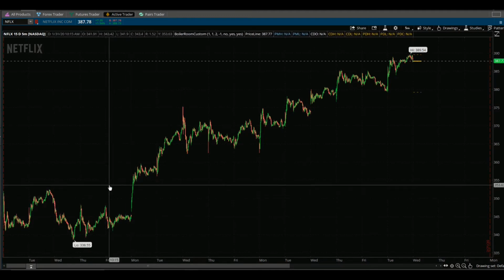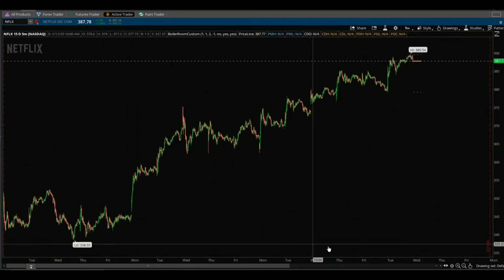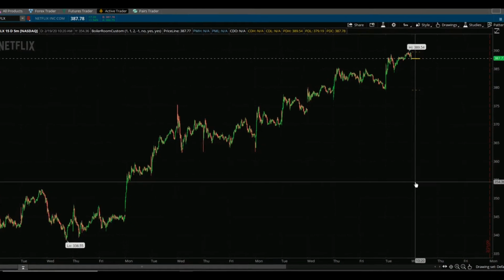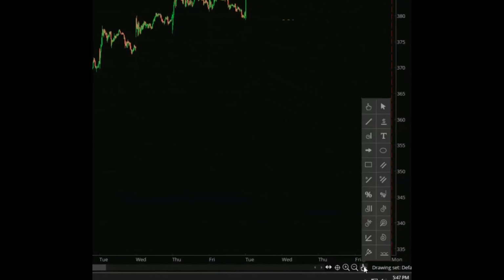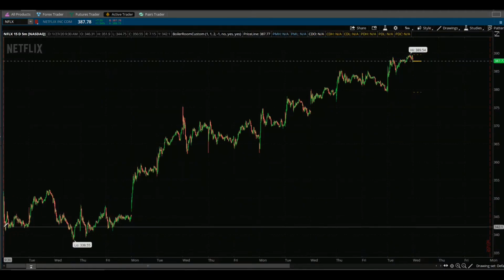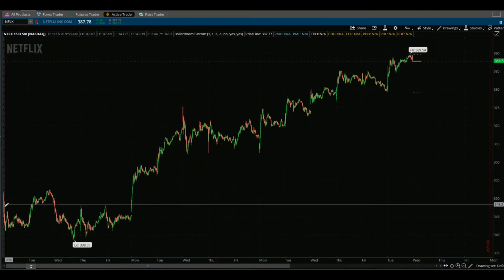If you're having a hard time for any reason figuring out if we're bullish or bearish, one of the easiest ways to determine is to grab your trend line tool, or any kind of line tool, and just trace it. Pick a point. Here, we're sideways, right? If we start from here, we're kind of sideways.